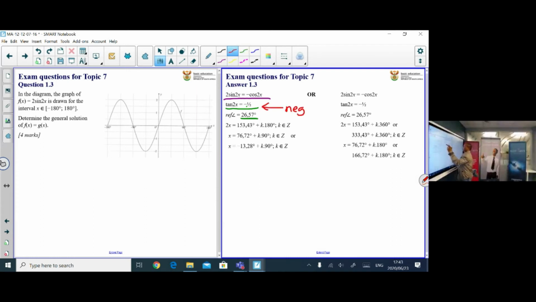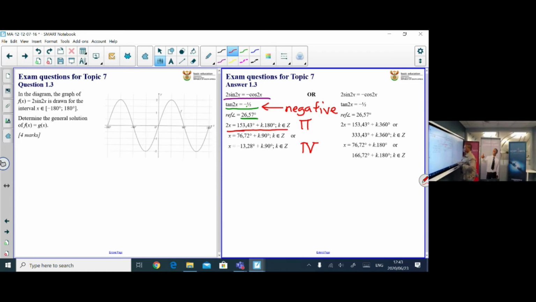So if it's negative, it means I'm dealing with two quadrants where tan is negative. One of them is the second quadrant. The other one is the fourth quadrant. So tan is negative in this quadrant. So hence we have this part.